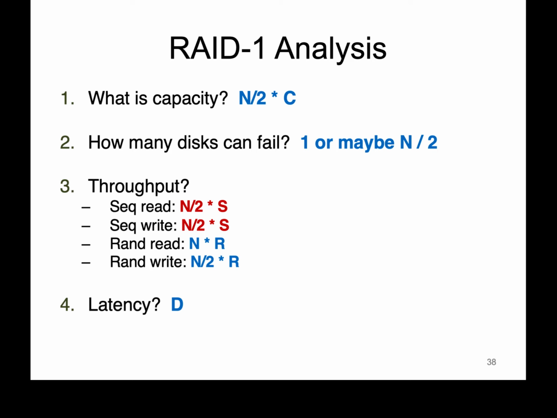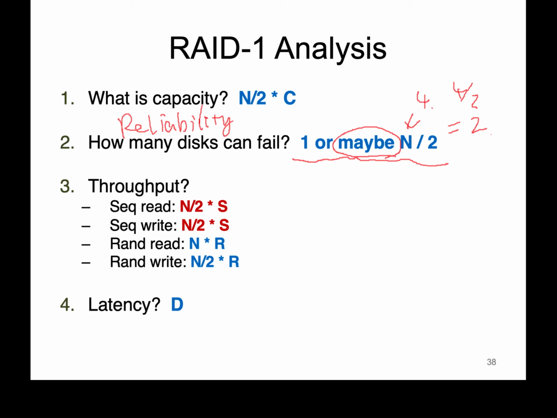And next, let's see reliability. Like we've already discussed in the previous slide, reliability is 1 or maybe n divided by 2. In the previous case where n is 4, it's 4 divided by 2, which gives you 2.